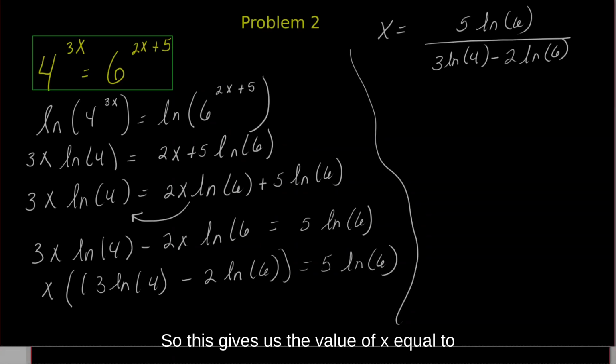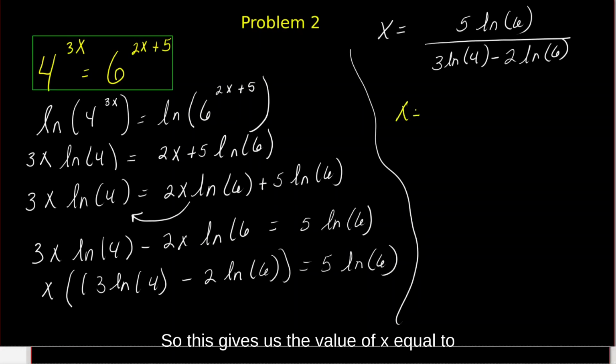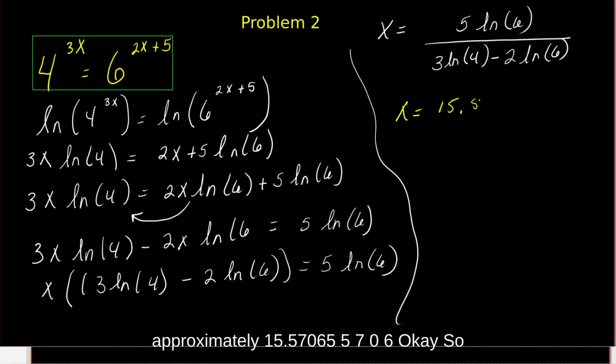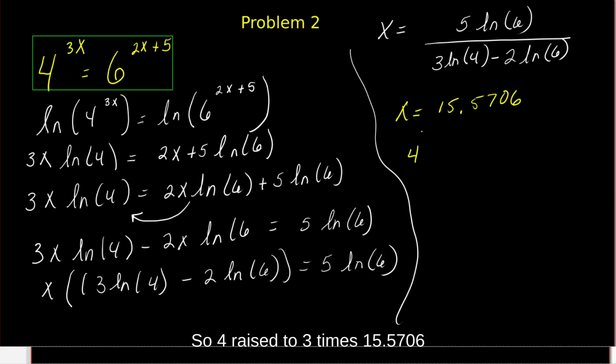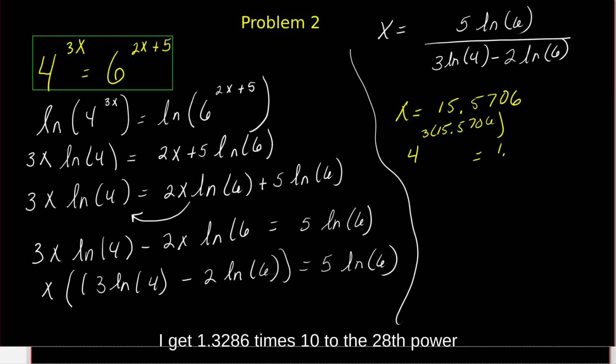So this gives us a value of x equal to approximately 15.5706. So let's substitute it back into the equation. So 4 raised to 3 times 15.5706, I get 1.3286 times 10 to the 28th power.